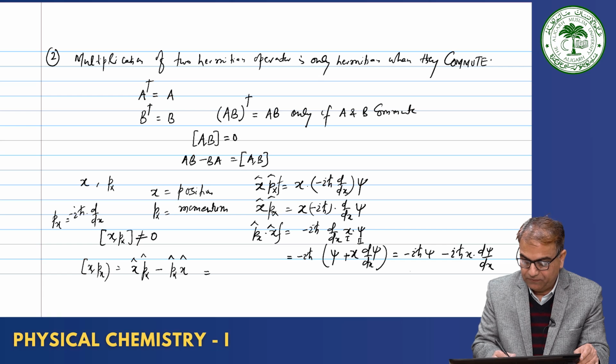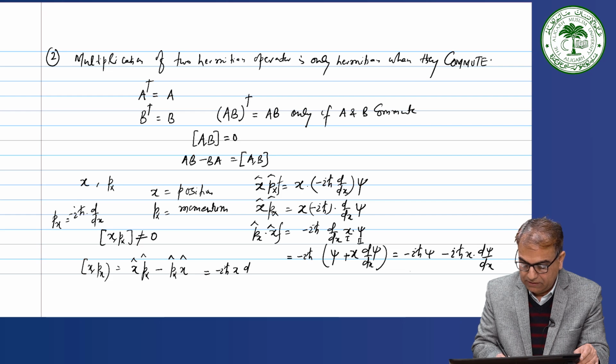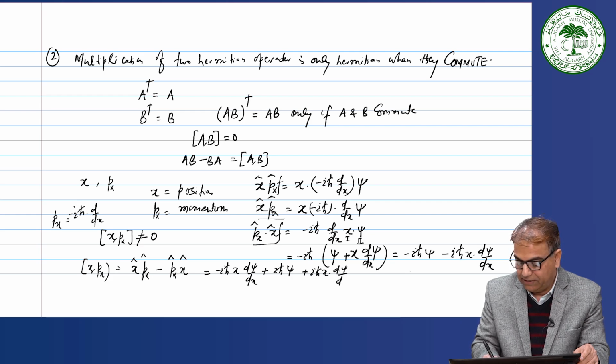X Px is minus i h cross x d psi by dx, and Px x is minus i h cross psi minus i h cross x d psi by dx.